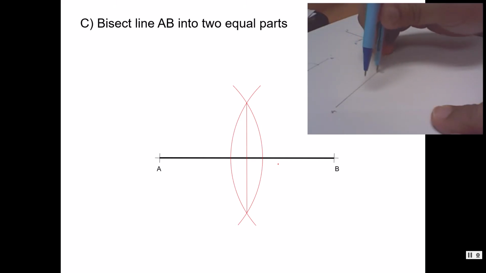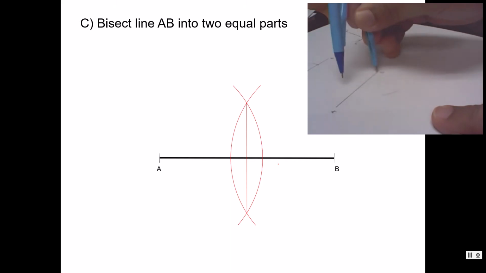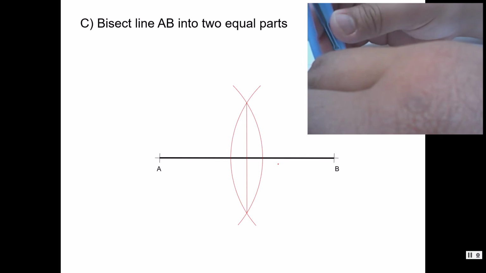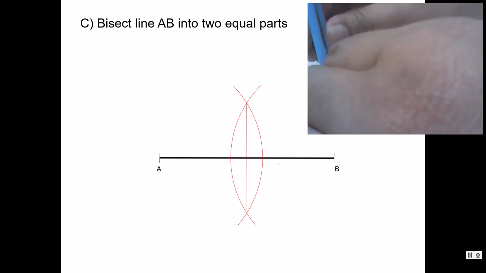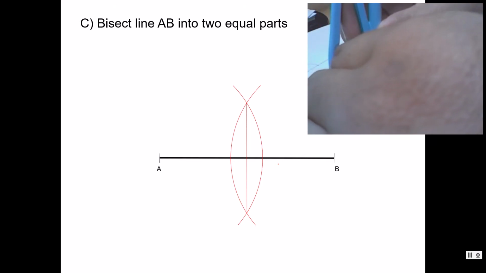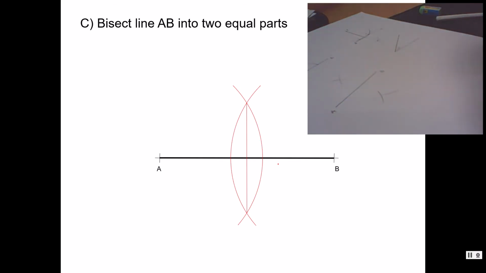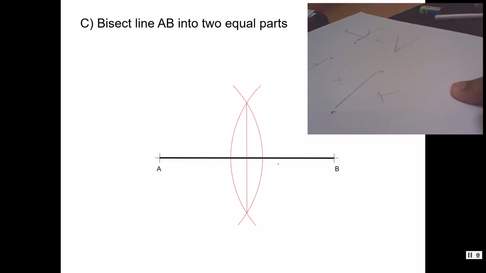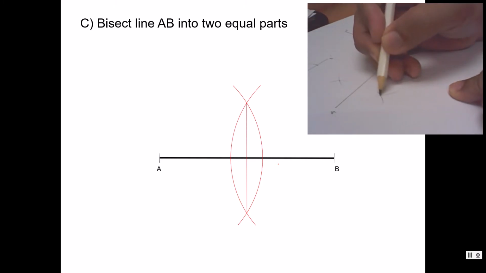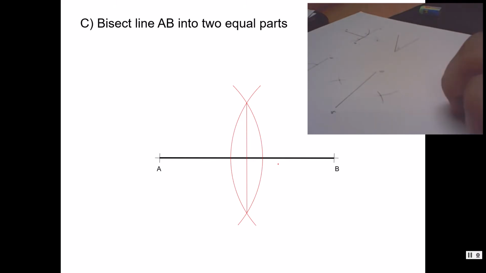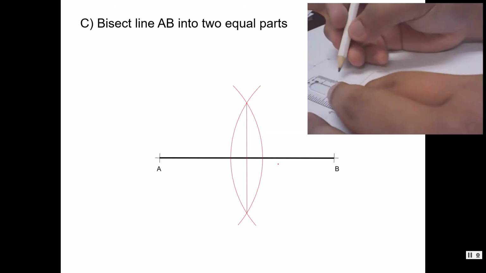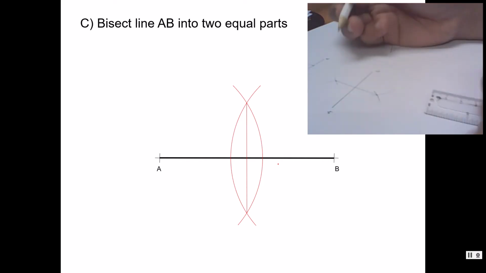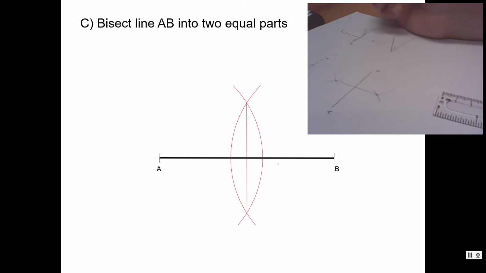Yeah, from point B, something like this, and from point A, okay, point B. Okay, so I already got this point and this point, with which I can just straight away use a ruler to draw the line that is going to bisect these two. So this is the center line.